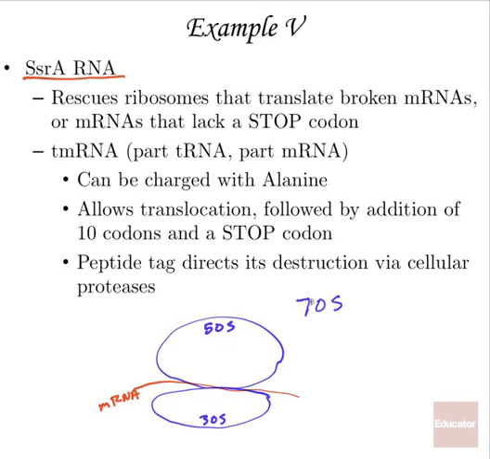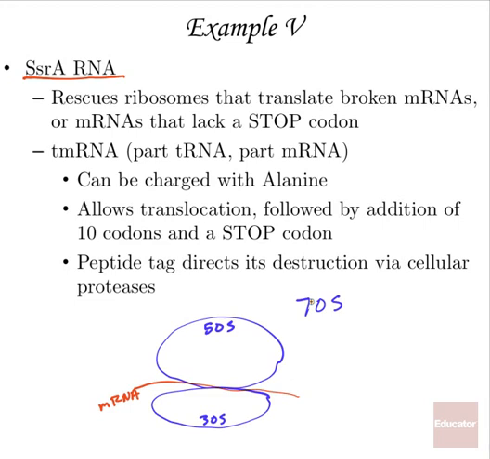So if we have an mRNA that's stuck in a ribosome, so it's a broken mRNA, that ribosome will continue to try to translate it, but it's basically not happening. So basically what this does is it takes that ribosome out of commission. So until that mRNA can be released, the ribosome is no longer useful for translating any functional proteins.